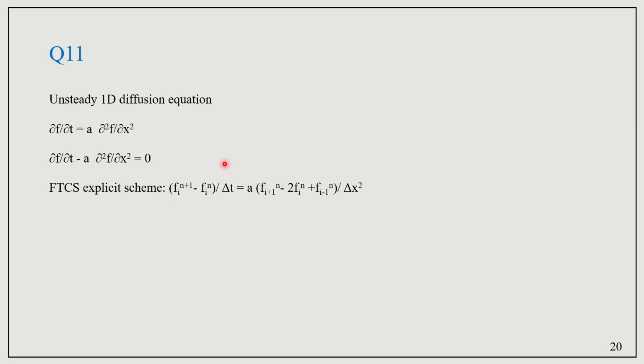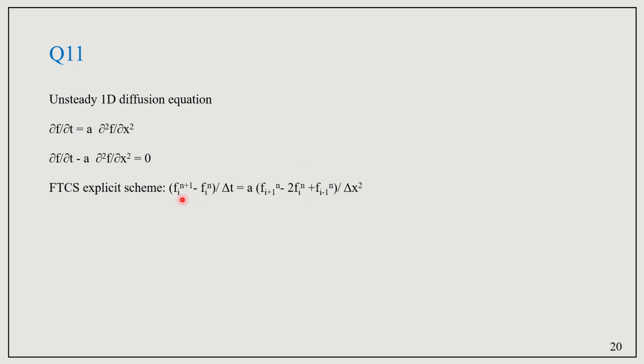This is forward in time, and central in space we have a into fi plus 1 at nth time step minus 2 fi at nth time step plus fi minus 1 at nth time step divided by delta x square. So here it is variation with respect to time, here it is variation with respect to space, that is i plus 1, i and i minus 1, so delta x square. So this is the FTCS explicit scheme.